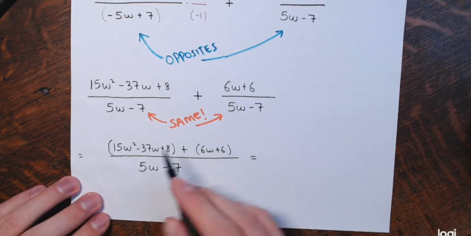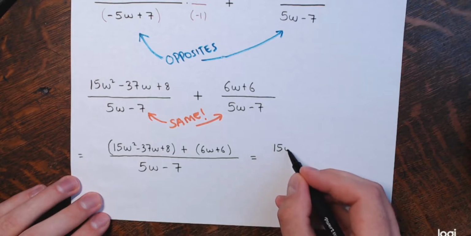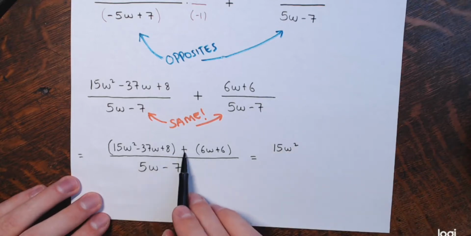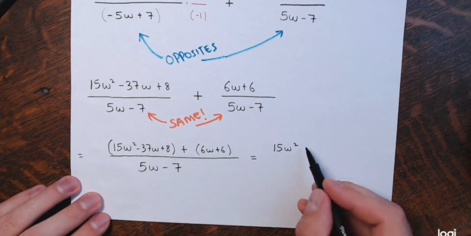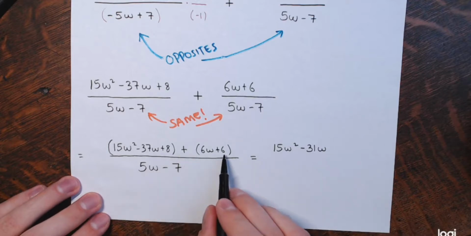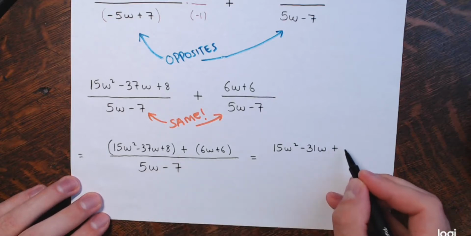So the numerator has 15w squared. Then you have negative 37w plus 6w would be negative 31w. Then 8 plus 6 is positive 14.